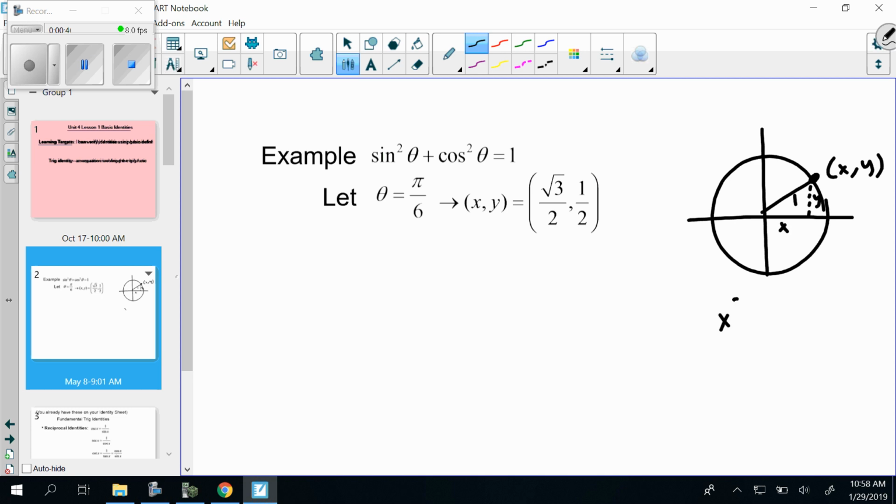So using the Pythagorean theorem with this right triangle, x squared plus y squared equals 1. We know that in the unit circle, the x value comes from cosine, so that means it's cosine of the angle squared plus y is the sine value, so sine of the angle squared equals 1.